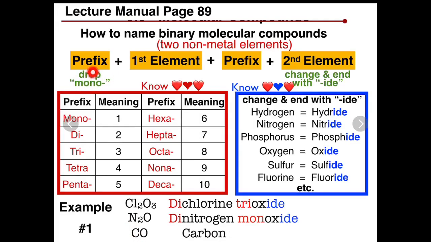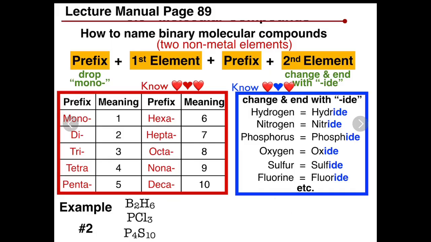So instead of saying monocarbon, we are going to drop the word mono. We are going to just say carbon, but the second element, that's when you will need to always include the word mono. Okay, so the second element would be monoxide. So that means the mono prefix will not be used for the first element, but the mono prefix will need to be used for the second element. Okay, so keep that in mind here.